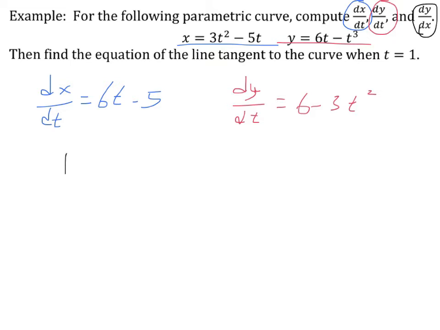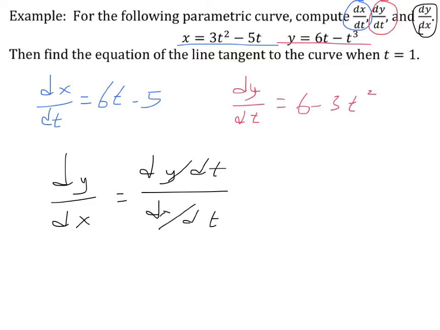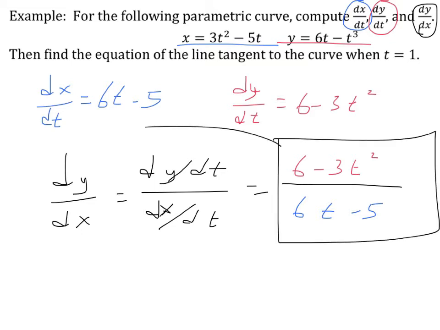And we mentioned previously that if you're going to find dy/dx, we need to do dy/dt over dx/dt. Sorry for my horrible writing today. So let's see, if we actually work this out, we end up using the 6 minus 3t squared that we figured above, divided by the 6t minus 5 that we also figured above, and this thing here is my dy/dx function.